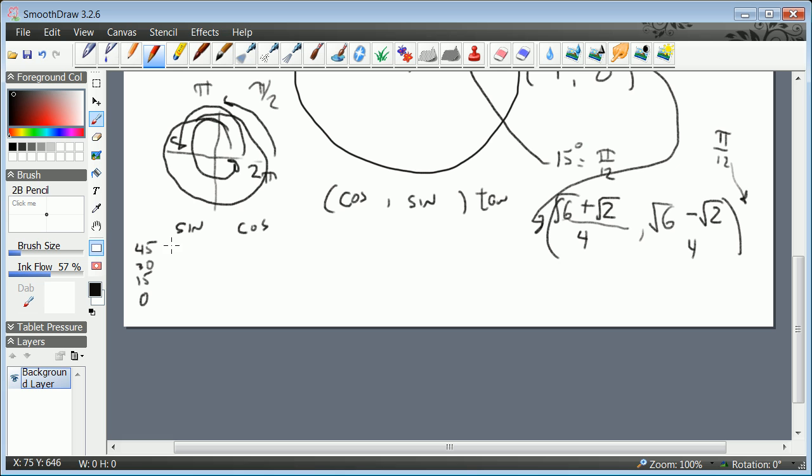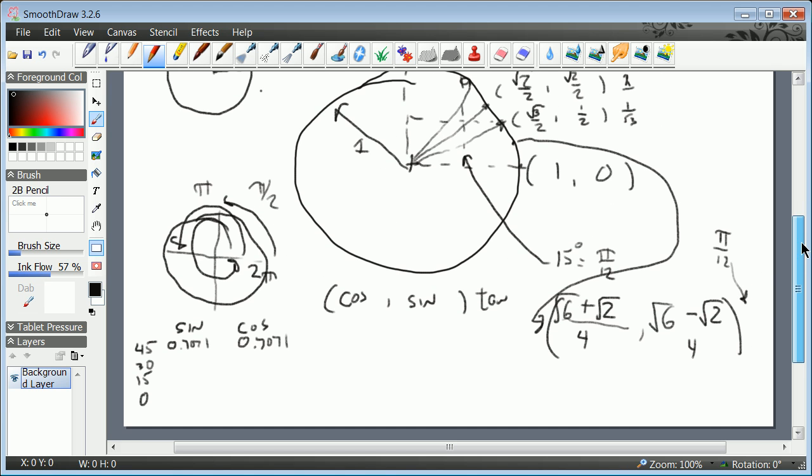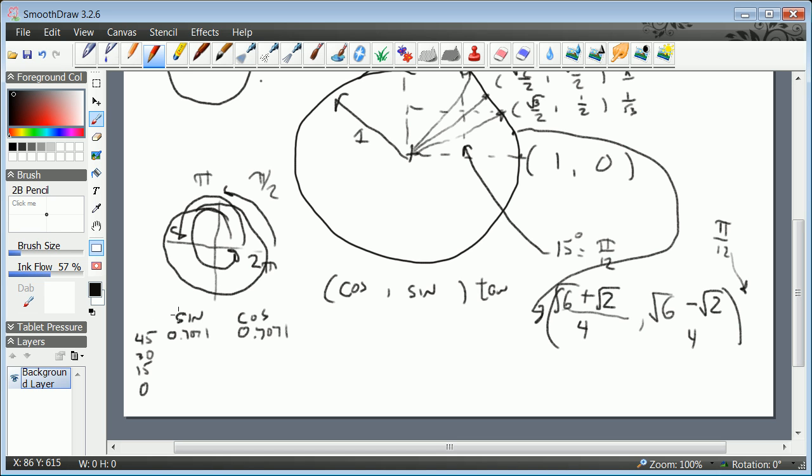The sine of 45 is 0.7071. The cosine is 0.7071. The sine, if you look at it, of 30 degrees is, of course, I'm sorry, doing this wrong. I should always show first probably the cosine, because people think of x and y and cosine and sine.